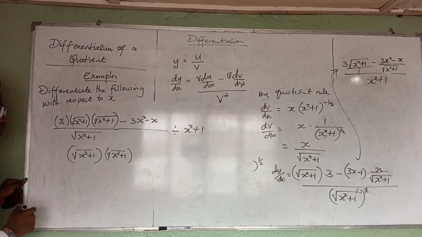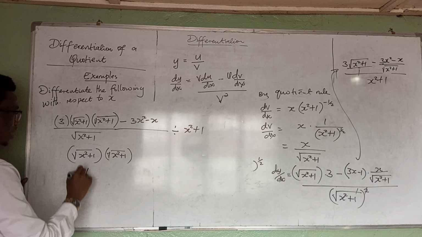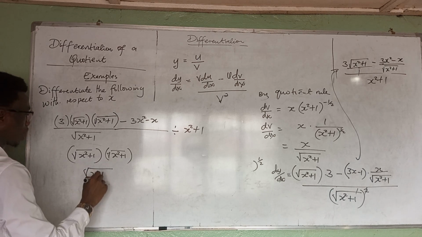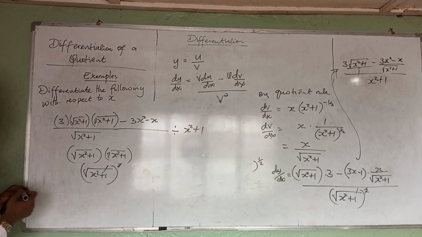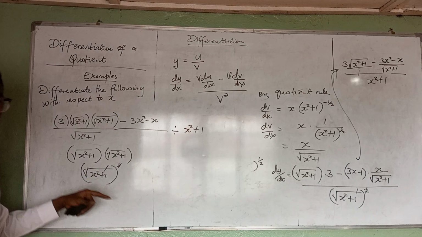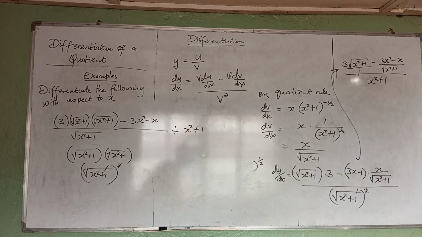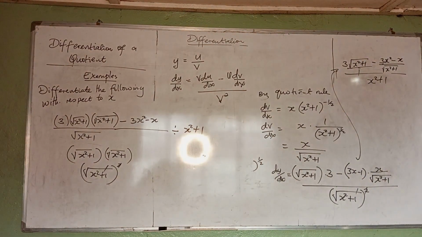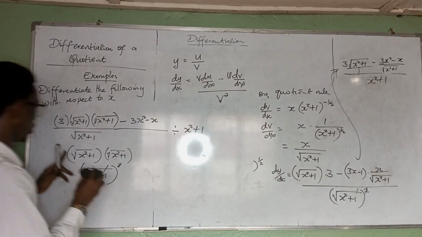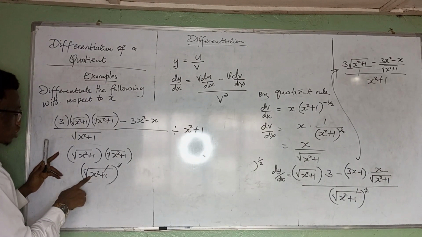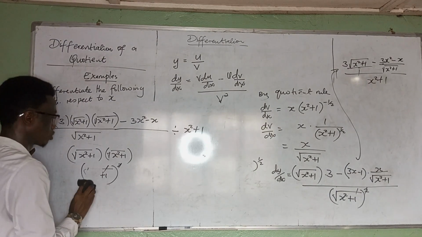Because there are two, you can just write x squared plus 1 and you square it. So what happened? This and this cancel. So you are just going to have x squared plus 1 left. So that's exactly what happens. When you multiply these two, you are just going to have x squared plus 1.